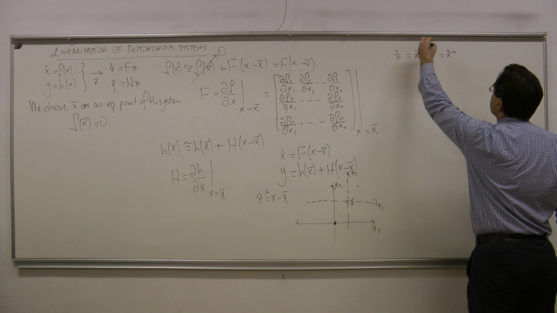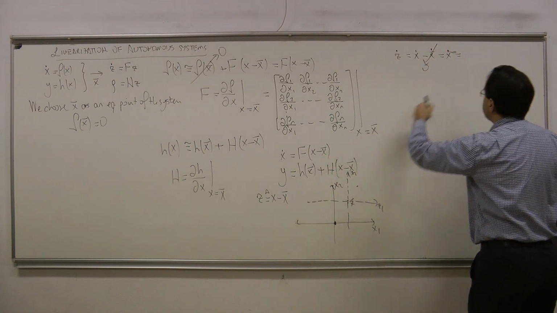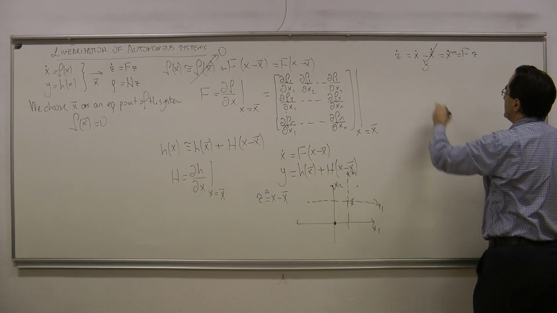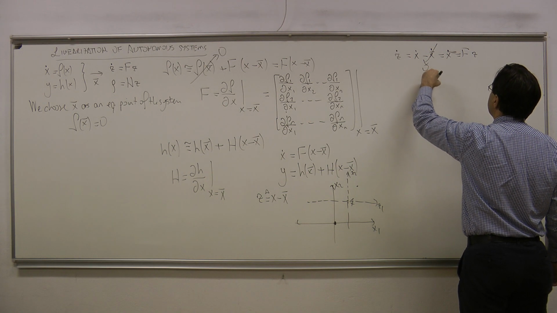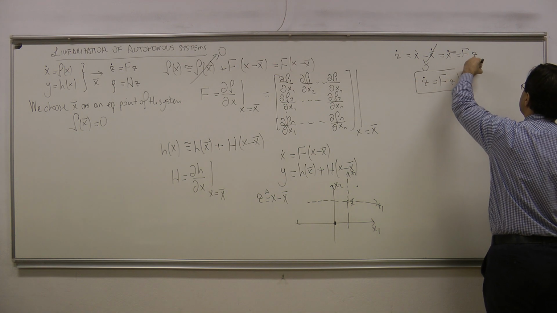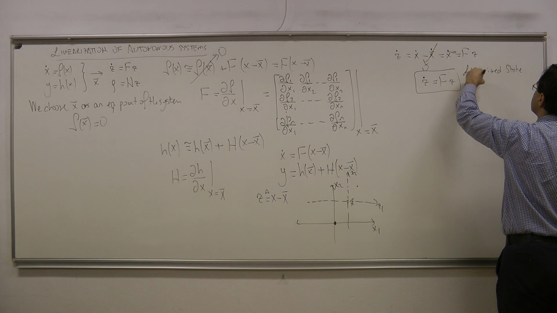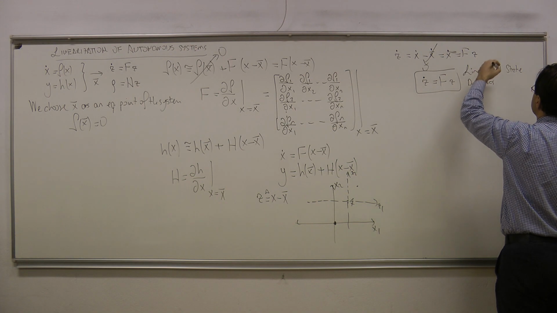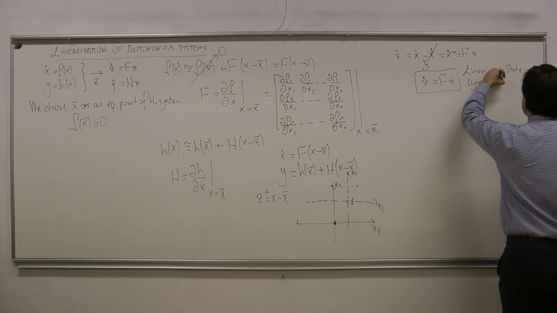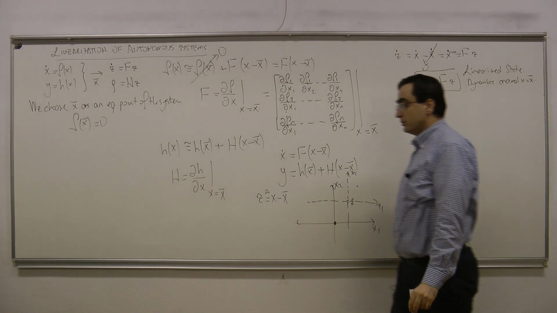So z dot is equal to x dot, and I know that x dot is equal to F times x minus x bar, which is z. Okay? So that gives us our new state dynamics: z dot equals F times z. Okay? So this is the linearized state dynamics or state equation, all right? Around x equals x bar, around the equilibrium point.